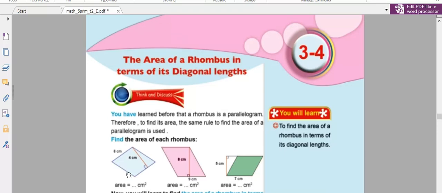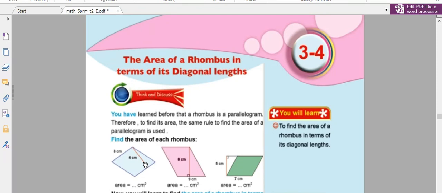If we have this shape, it's a rhombus or a parallelogram. A parallelogram has four equal side lengths. We can see that this shape has a base of 8 centimeters and a height of 4 centimeters. So how can we get the area of this shape?